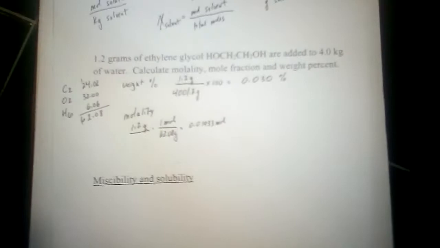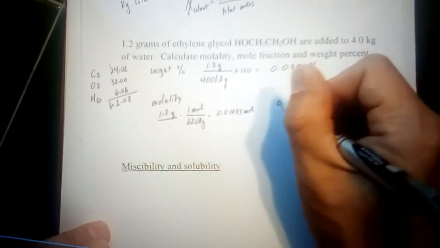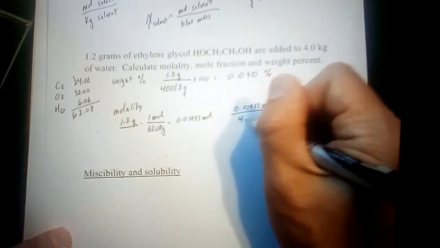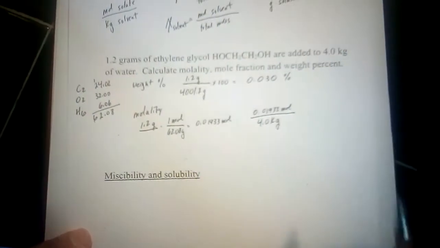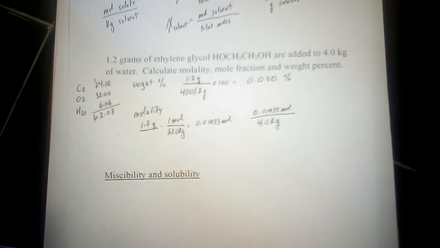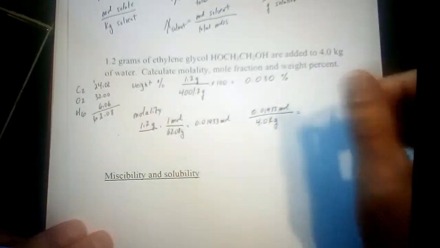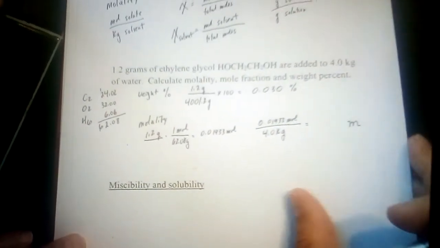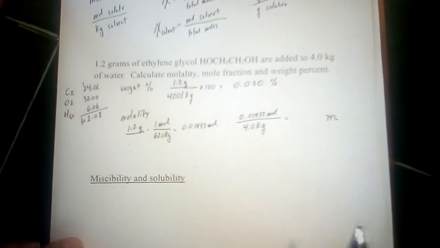So, molality is moles of solute per kilograms of solvent, so I can plug in how many moles of my solute there are, divide that by how many kilograms of solvent there are, the 4 kilograms of water, and that's molality. Now, molality is a lowercase m, but it's an italicized lowercase m.